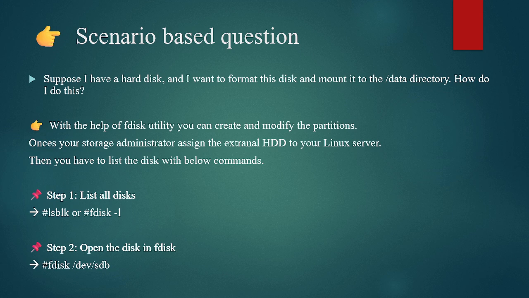After that, we list all disks with the lsblk or fdisk -l command. Then we found that disk, /dev/hdb. Open the disk in the fdisk utility: fdisk /dev/hdb.